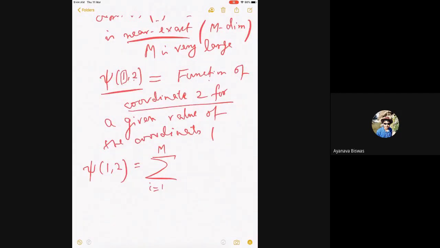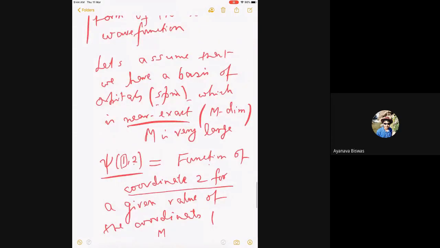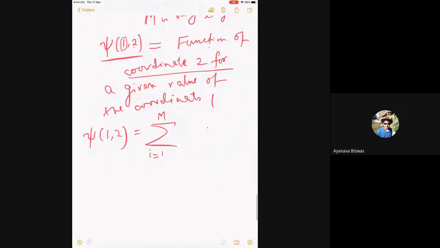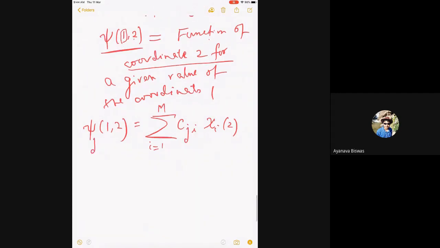So this is a complete set of functions, so let me call this some spin orbital function, let's say chi I. I think we have used chi for the spin orbitals. So chi I of 2, and then some coefficient which I will write, let's say C j i. So this is my psi jth function. I have several functions, so the jth function I'm writing as a linear combination of a basis.